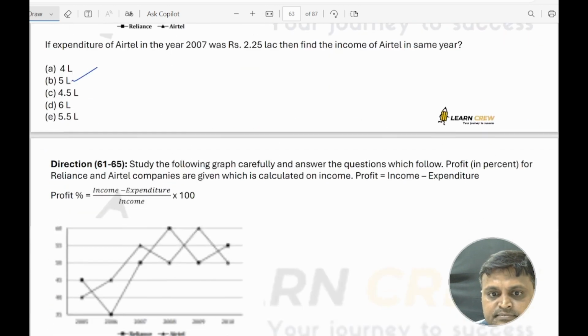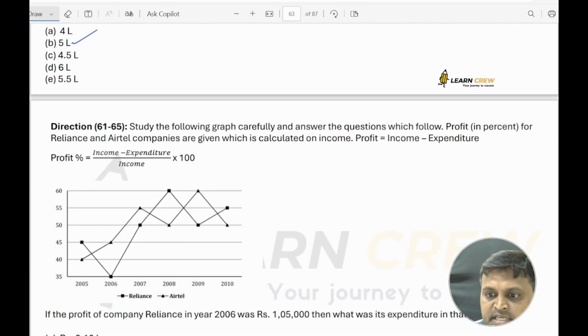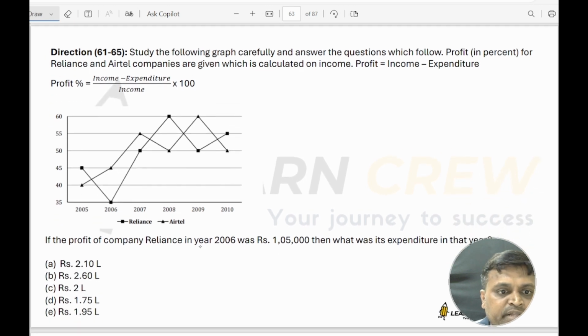Next. What is the question here? If the profit of company Reliance in the year 2006 was 1,05,000. In the year 2006, for Reliance, the profit is 35%. This 35% is given as 1,05,000.